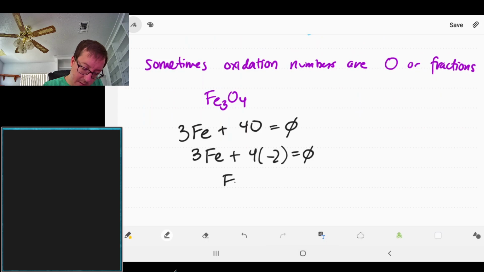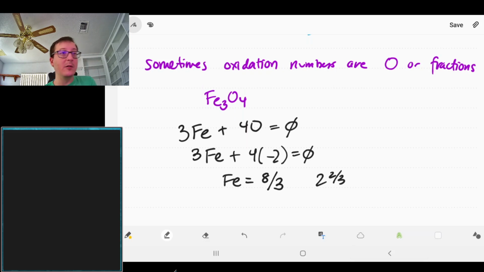And we see as a result, we get 8/3 or 2 2/3, whichever way you write it. So this is the average one. So each one is on average +2 2/3. But really, in reality, we might be able to say we have something like this, where we have 2 +3s and 1 +2. On average, that would give us 2 2/3 of a charge each.